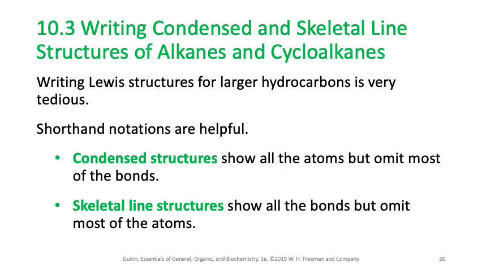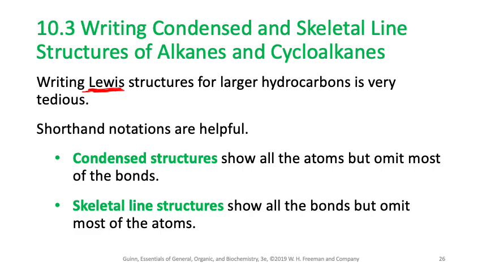Okay, so now let's talk about how we can write the organic compound in a different way. Till now we just learned how to draw the structure in a Lewis form, but sometimes the organic compound is so big that writing the Lewis structure is very difficult, showing all the bonds, right?